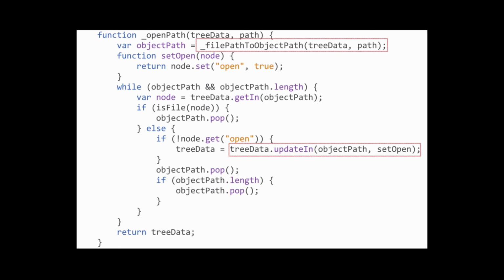So that gives it the ability to walk through the objects, and it just returns an array. And that array will get passed to treeData.updateIn, with the proper ability to open it. So that will actually then open it up, and we start basically at the deepest level in the tree, and we open that up, and then we work our way back up by popping from the object path.